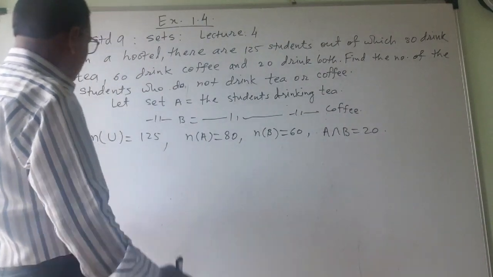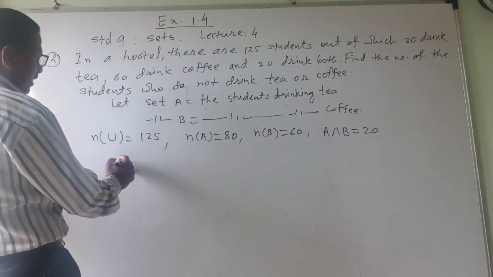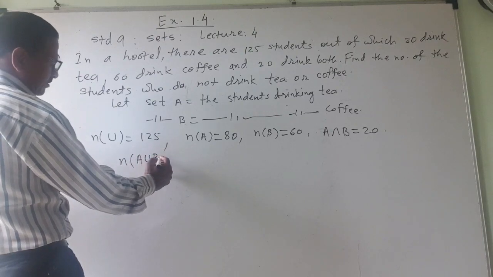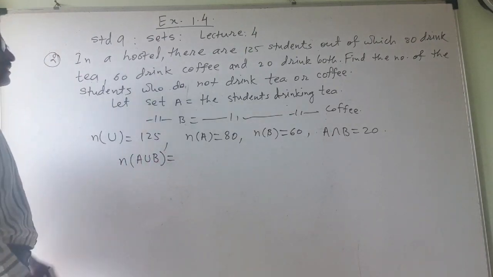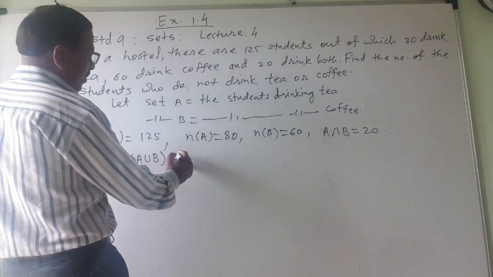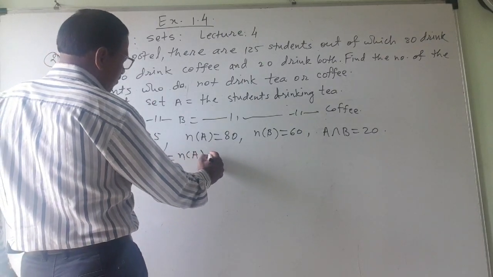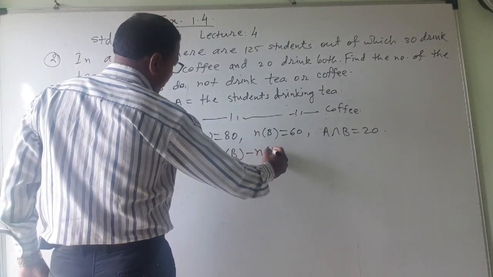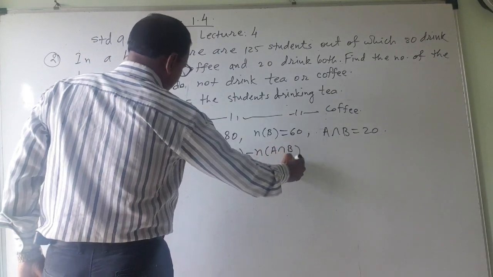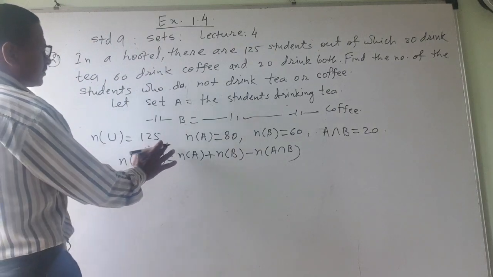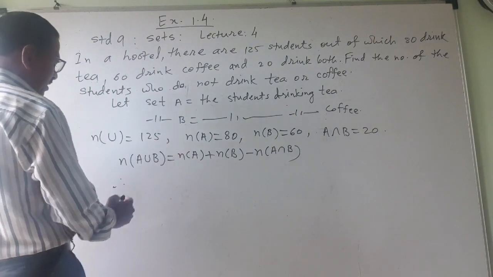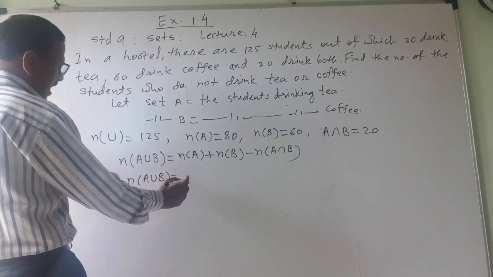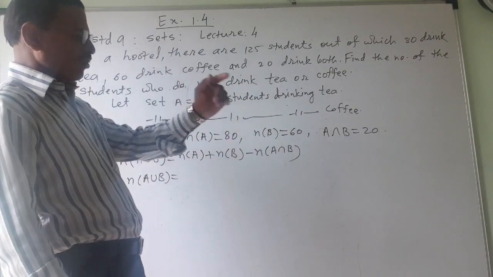Remember this. We know that N of A union B is equal to, as we have seen in the third lecture, N of A plus N of B minus N of A intersection B. Therefore, N of A union B means these are either taking this or both.